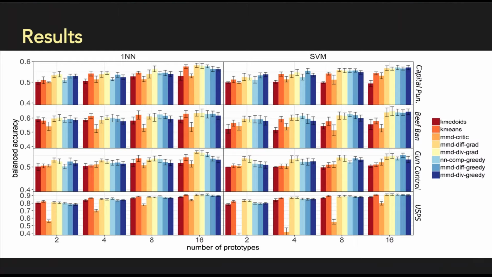We have the different data sets on the right-hand side, and the bars represent the accuracy. It's a lot of different dimensions. It's a little hard to see, but basically the ones on the right are the methods that were defined in the paper.